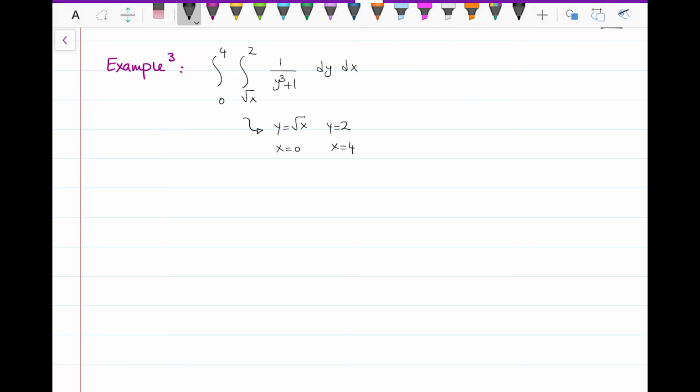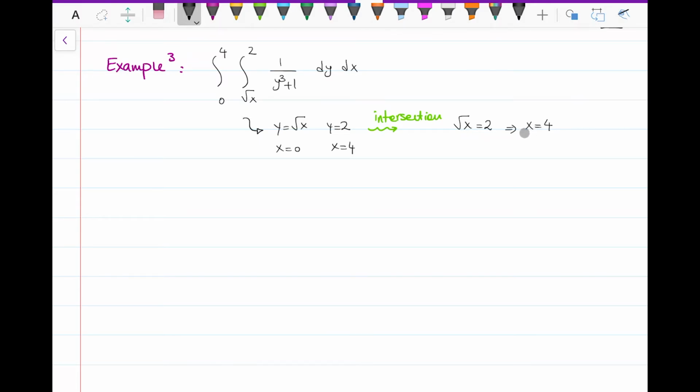Okay, so to graph the region, I need to find the intersection of these two curves. Y equals square root of x and y equals 2. So I need to set them equal to each other. Square both sides. x equals 4.